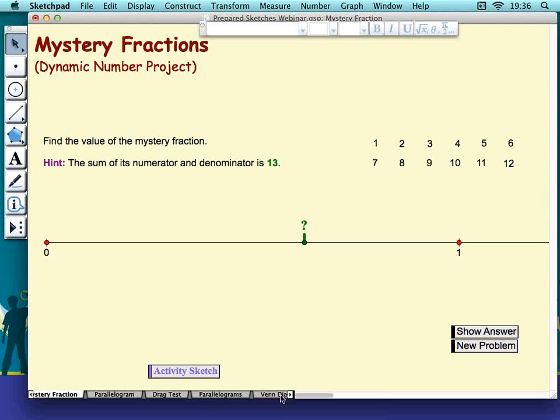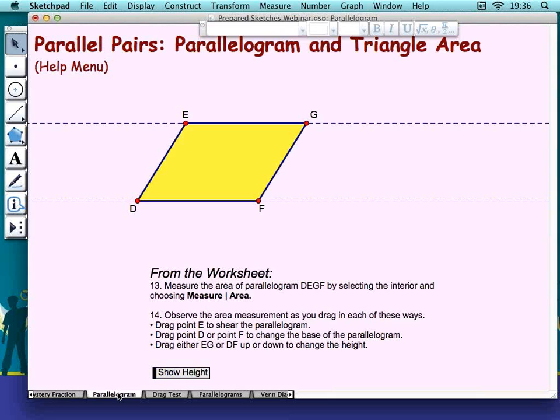So I want to show you the very first, okay, yeah. I'm going to show you a middle school geometry activity, and I don't have a button here to show you the worksheet that goes with it, but I copied some of the steps from the worksheet.